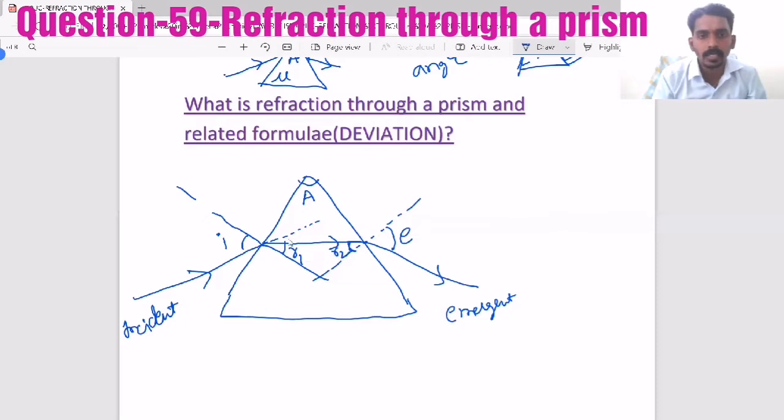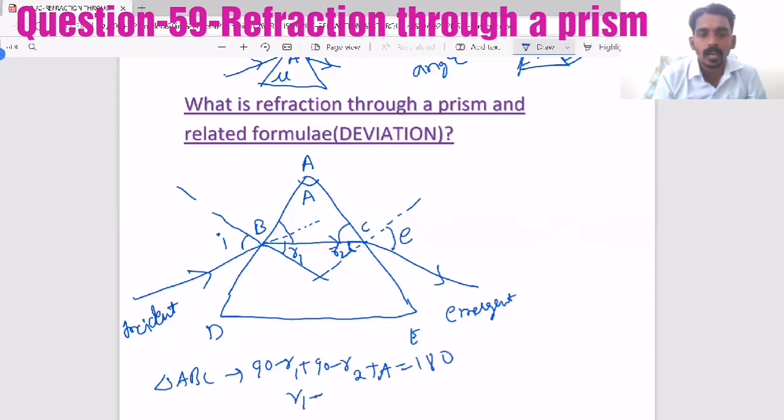So if you consider this triangle A, B, C, D, E, first consider triangle ABC. From that you will come to know that this is 90 minus R1 and this is 90 minus R2. So 90 minus R1 plus 90 minus R2 plus A should be equal to 180, so that R1 plus R2 equals A. This is the first equation.